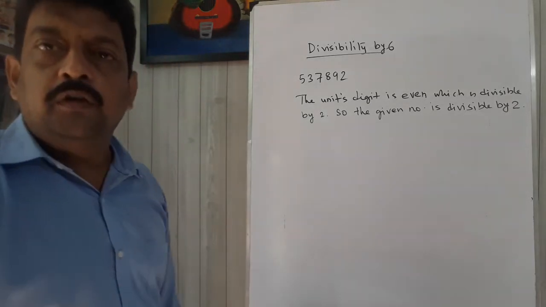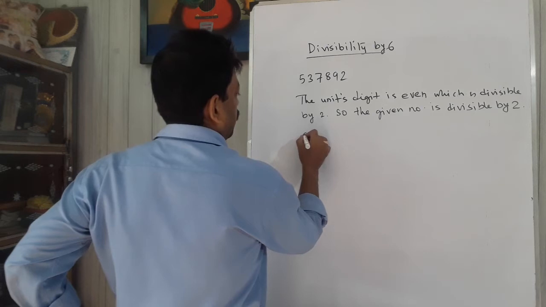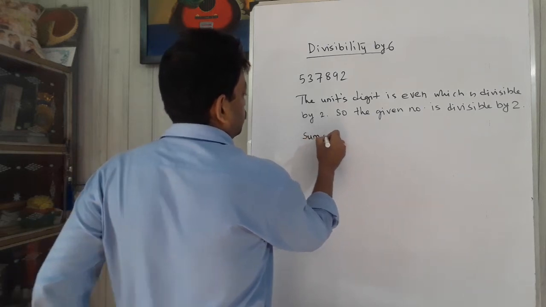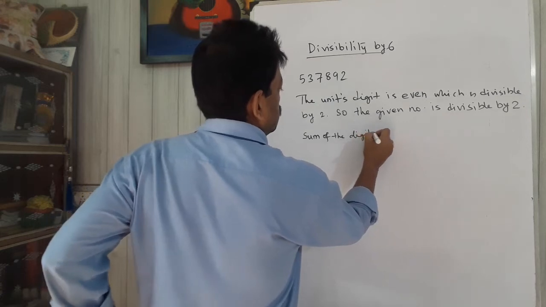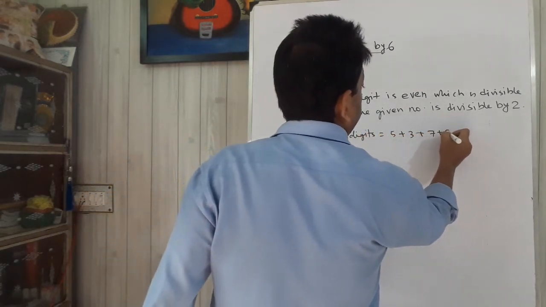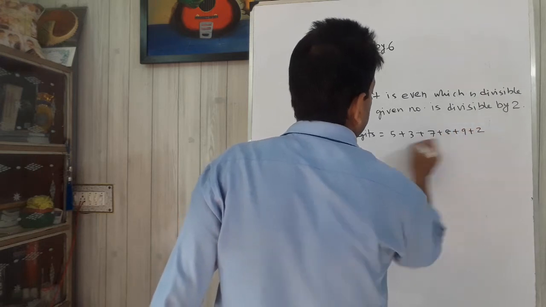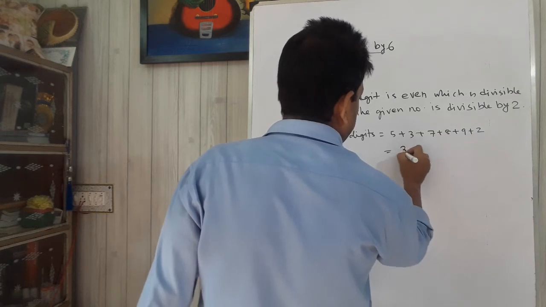Now we have to check the divisibility by 3. So first of all we have to add the digits. Sum of the digits. Five plus 3 plus 7 plus 8 plus 9 plus 2. So 8, 15, 23, 32, 34.